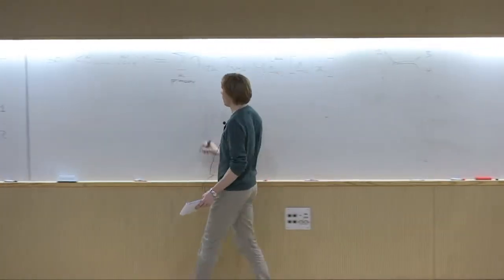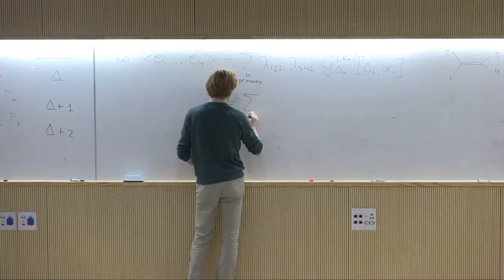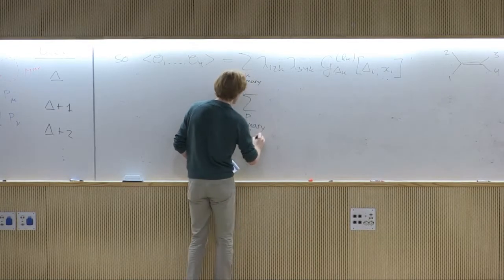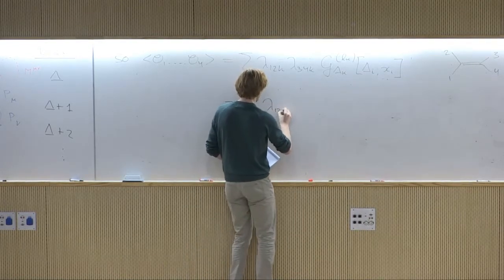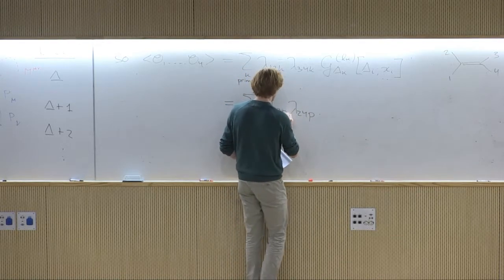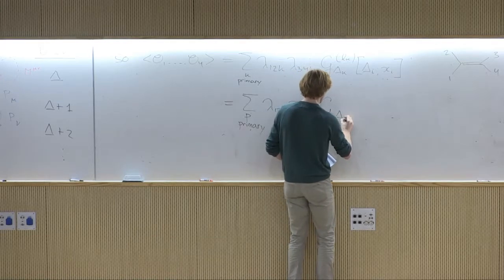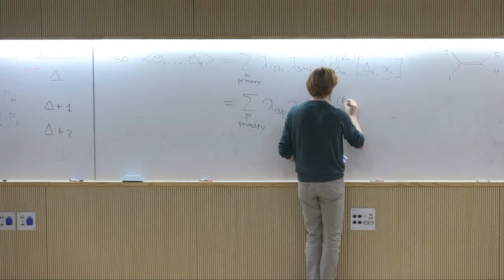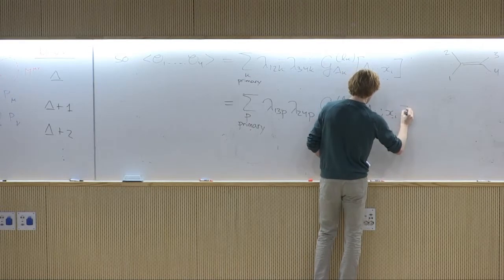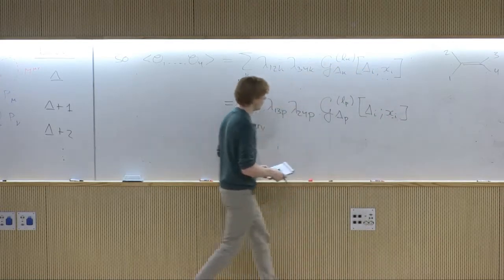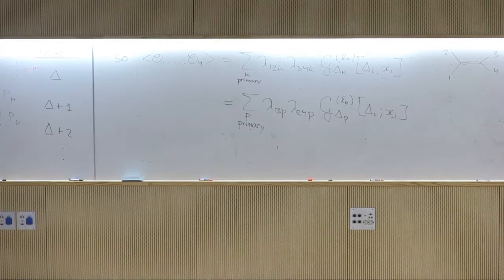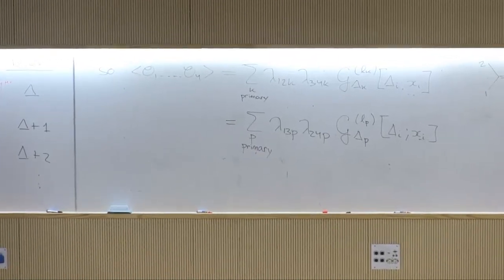And then, for suitable values of the x's, I can also write a different conformal block decomposition, like so. Delta i, yes, like so. So now I have two different conformal block decompositions for the same function.